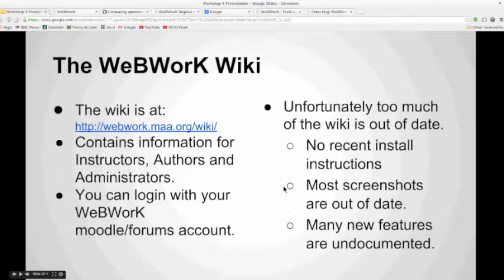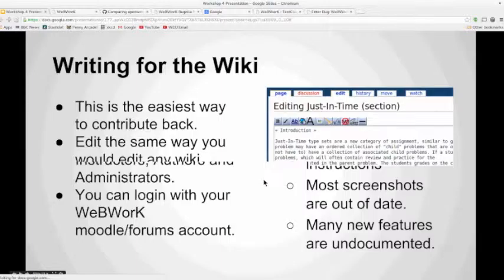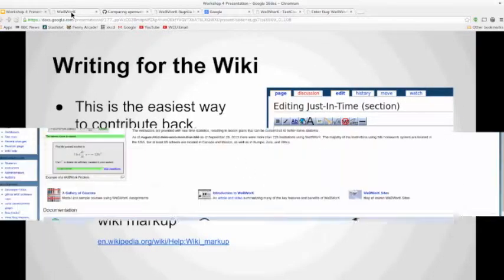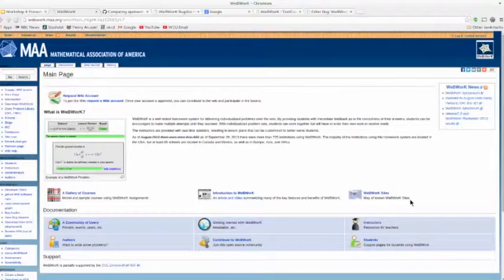And the nice thing is contributing back to the wiki is super easy. You just log in and click edit, and then you edit the same way you would edit any other wiki. It supports standard sort of wiki markup language type stuff. You can sort of muddle your way through that.